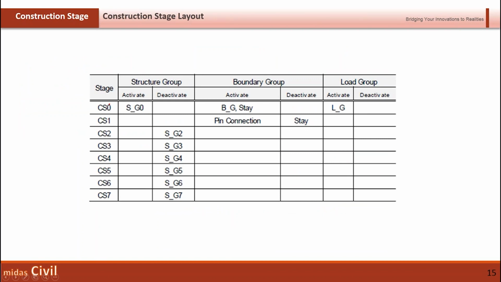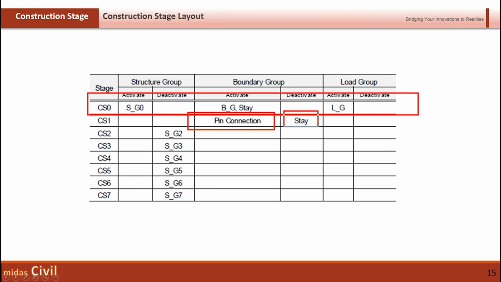So for stage 1 we have the whole structure, and we have the boundary conditions for the completed state model. In CS1 we'll reactivate the pin connection between the decks that we gave. You remember we gave pin connections between the decks, so we'll reactivate those pin connections, and we'll deactivate the stay because the stay wasn't there, it wasn't fixed beforehand.